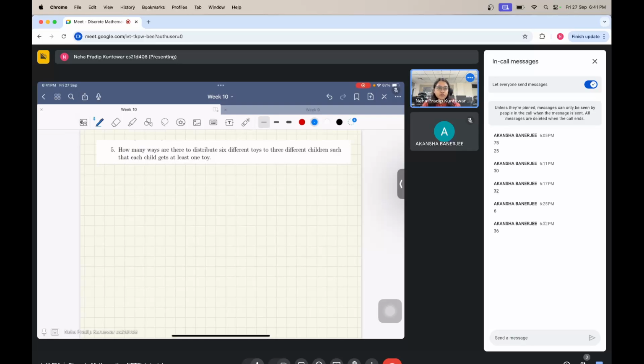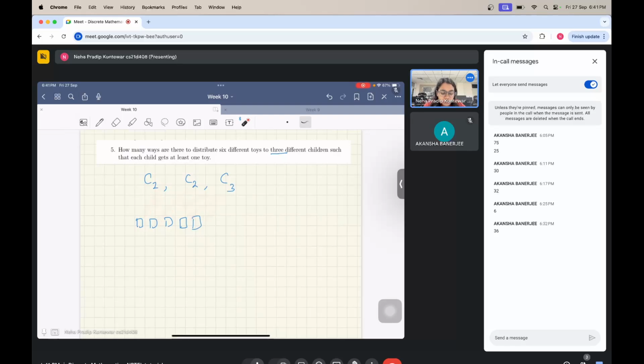Okay, so let's try to formulate this as a polynomial or a multinomial. So there are three different children, C1, C2, C3, and you have 6 toys, and you want to distribute them to the children.